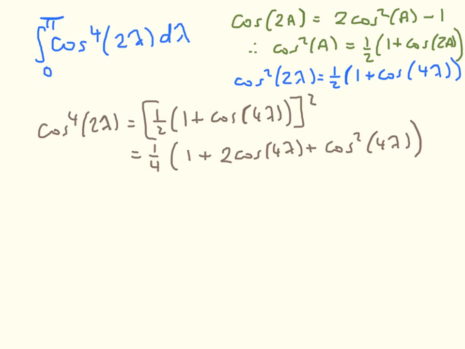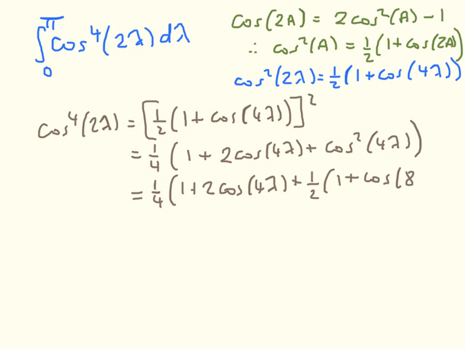So in that way we see that cos to the 4th of 2 lambda is 1/4 (1 plus 2 cos of 4 lambda plus, and now it is 1/2, we're just using this formula, that's the half, (1 plus the cosine of 8 lambda)).